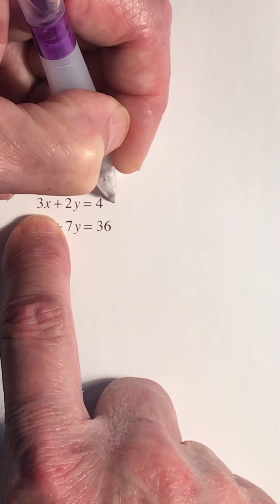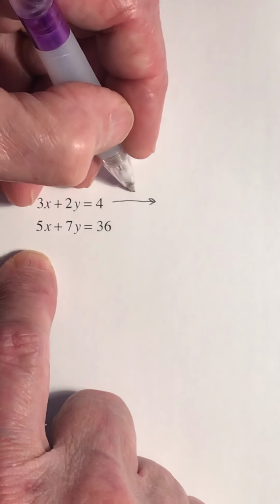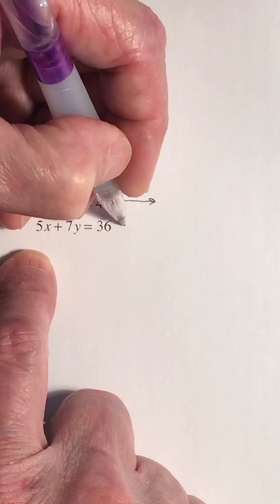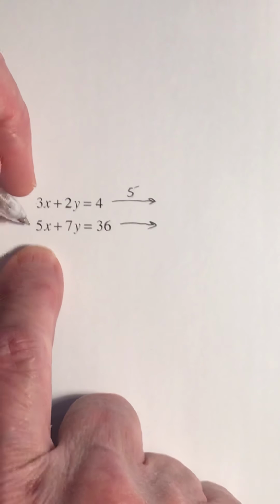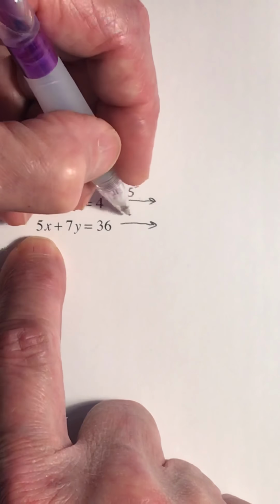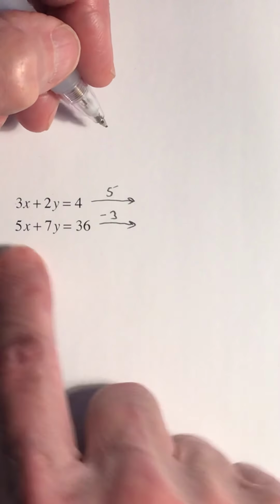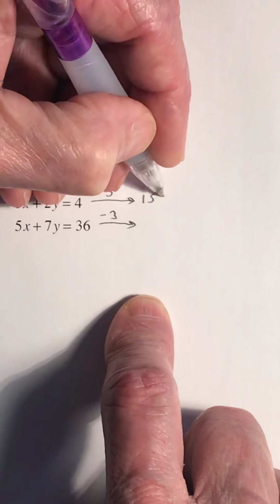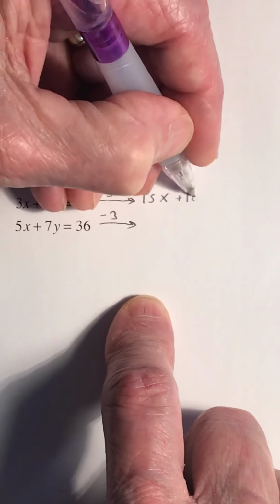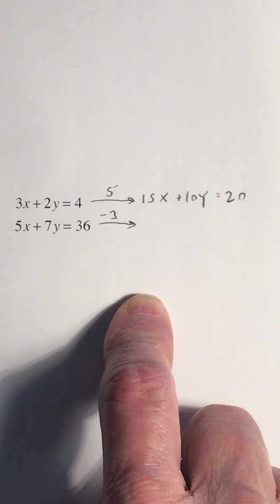If I want to make the top equation have x coefficient of positive 15, I'll multiply by positive 5. And since I'm shooting for a positive 15 there, I want a negative 15 there, so I'll multiply the bottom equation by negative 3.